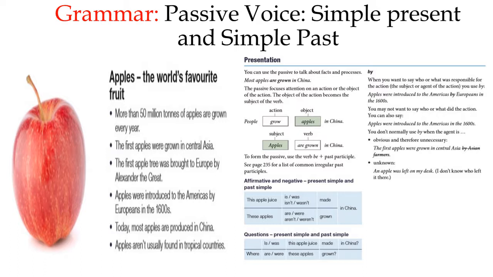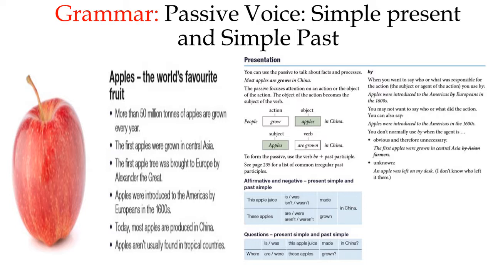The next example, the first apples were grown in Central Asia. So the first apples were, here we have verb to be in simple past, grown, okay, which is the past participle. As I said, we're relating the lesson to the title, simple present and simple past.